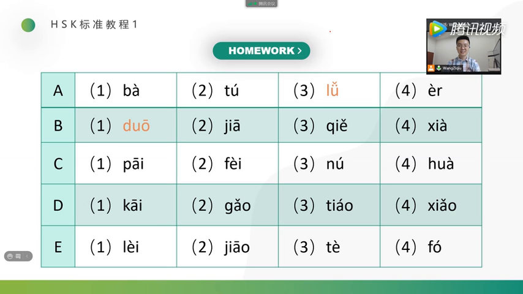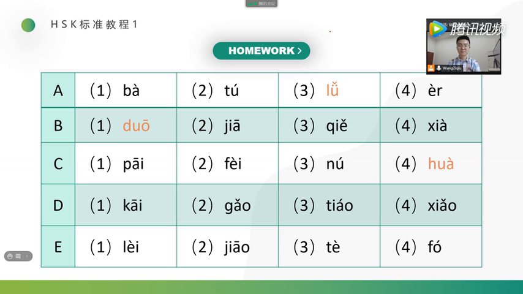Okay, next, line C. 画，画，画。Which one do you choose? Good. We should choose number 4.